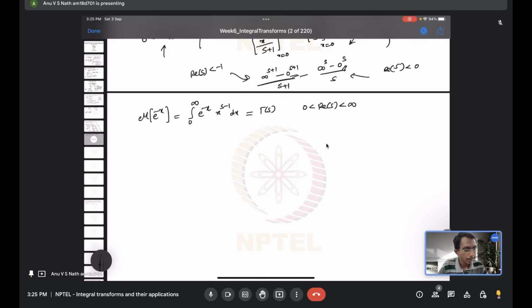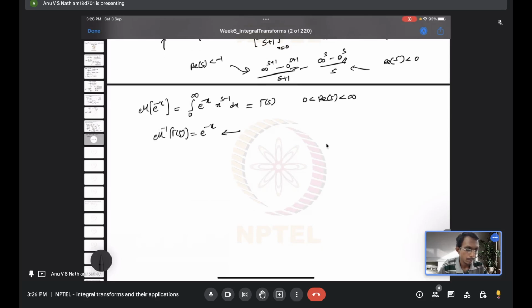Now from the definition of the inverse, we can write that the Mellin inverse of the gamma function is exponential of minus x, right? We have to show this first using the definition of the inverse transform. That's just gamma of s times x raised to minus s, ds.